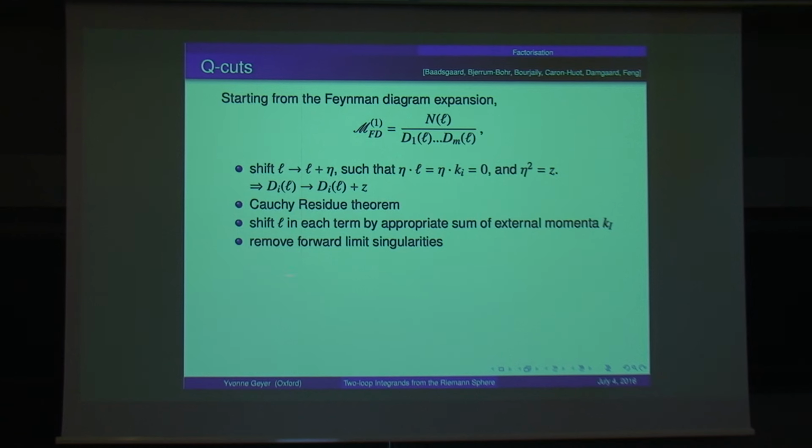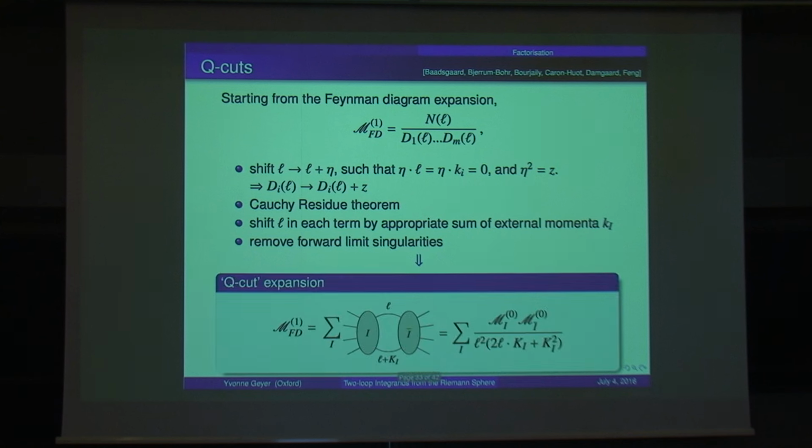Now, if we do a further rescaling to remove all forward limit singularities, we land on a nice expansion that tells us that the one-loop amplitude is splitting into two tree-level amplitudes with shifted loop momenta that are now manifestly on shell, and these shifted ones over 1 over L squared, 2L dot Ki plus Ki squared. Beautiful. So these are exactly the factors that we get. This is actually how you prove the one-loop formulas.